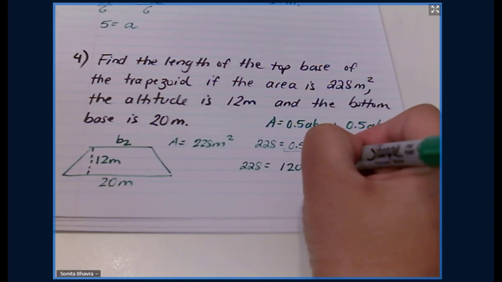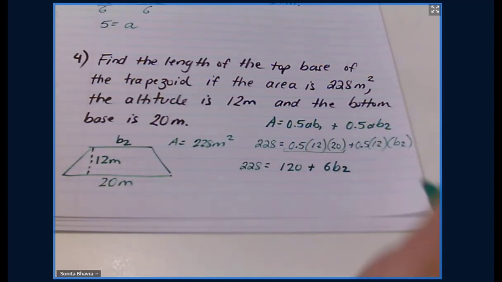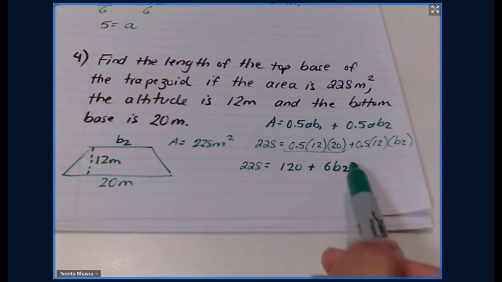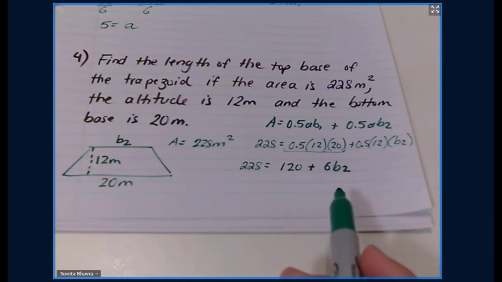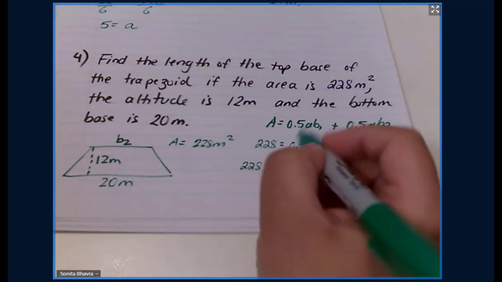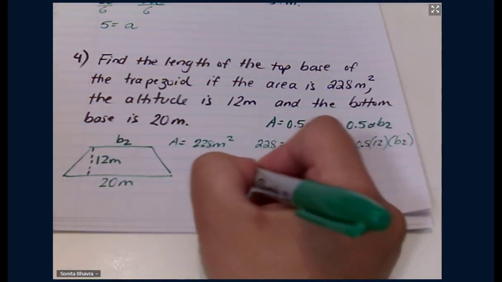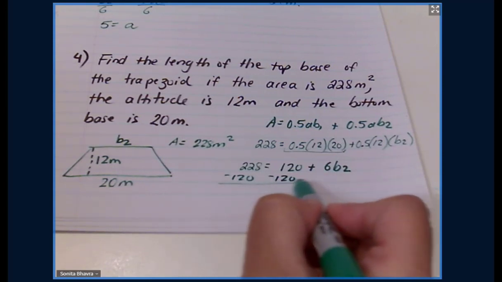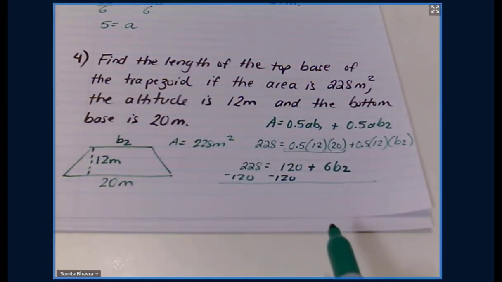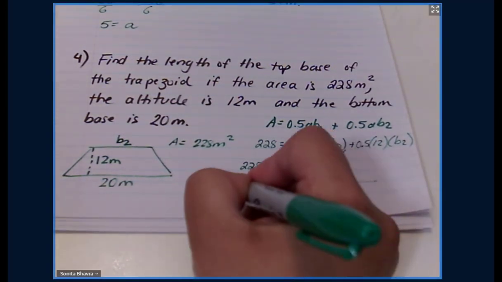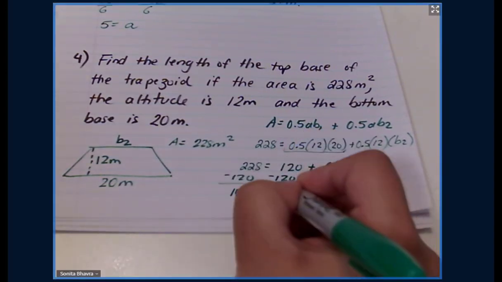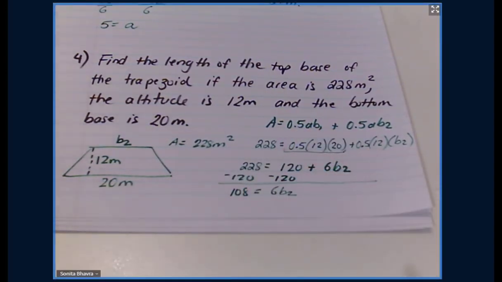So plus 6B2 like that. All right, so we're trying to isolate B2. That's the variable we're trying to solve for. So next, I'm going to subtract the 120 on both sides. And that leaves me with 108 is equal to 6B2.